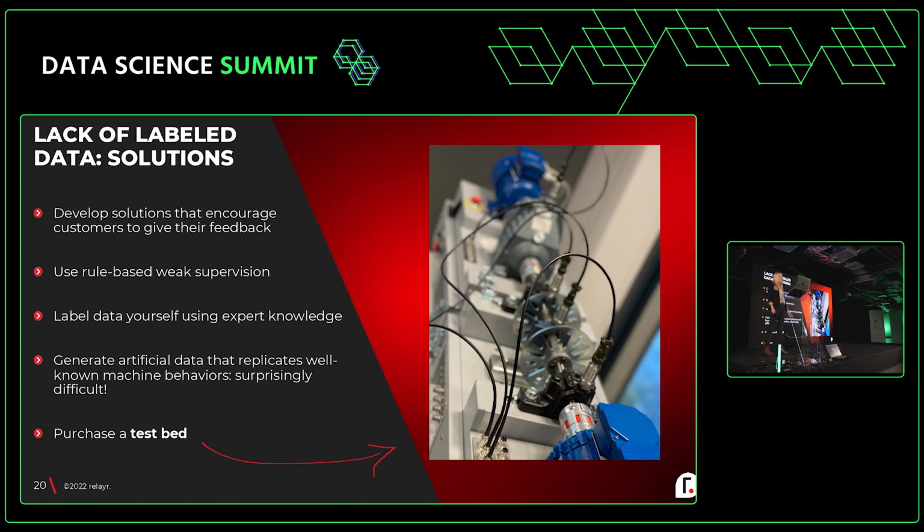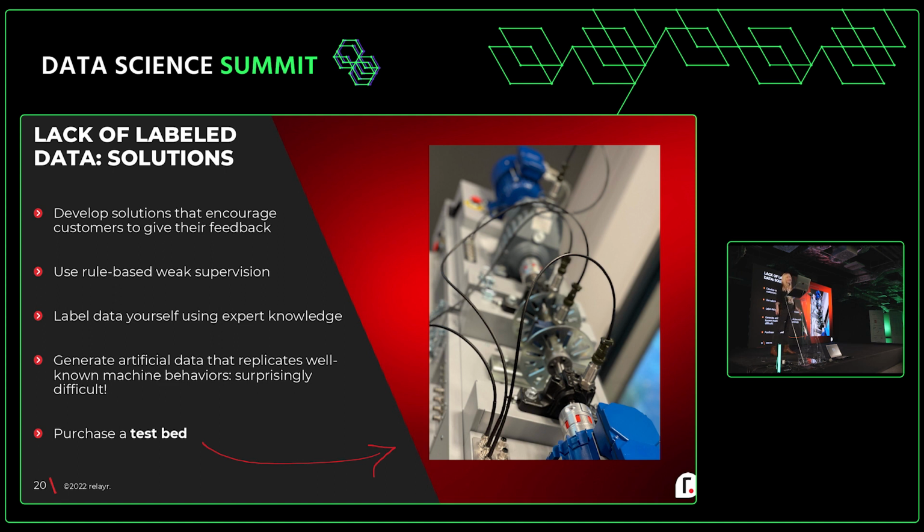Okay, so what are our solutions for that? You can develop solutions first to encourage the customers to give their feedback. So when they are informed about a problem, they are also asked to please tell us if there was a problem. You can use some rule-based weak supervision, but that's a pretty generic solution.